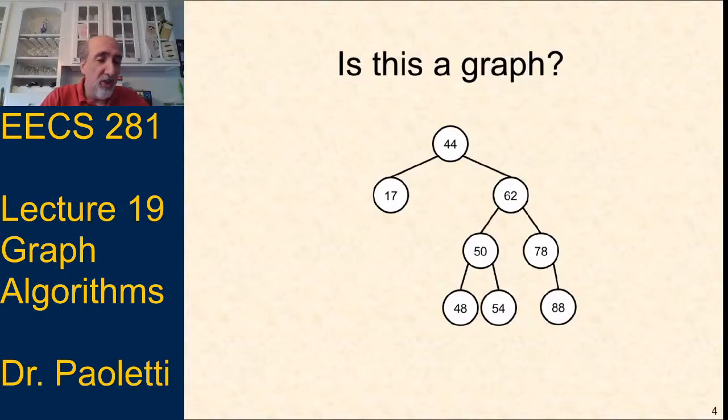So is this a graph? Sure, it's a tree. It's a graph that doesn't have any cycles, and although we don't show any arrows here, we tend to think of a tree as having arrows that point downward, but they don't have to. They could be bidirectional. They could point both up and down.